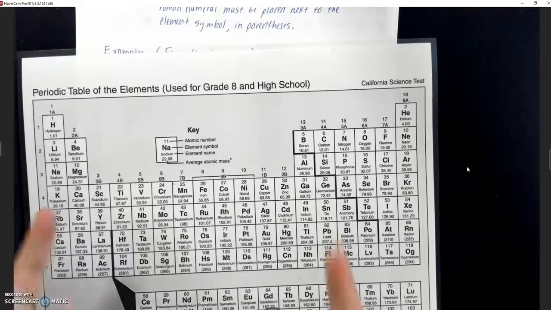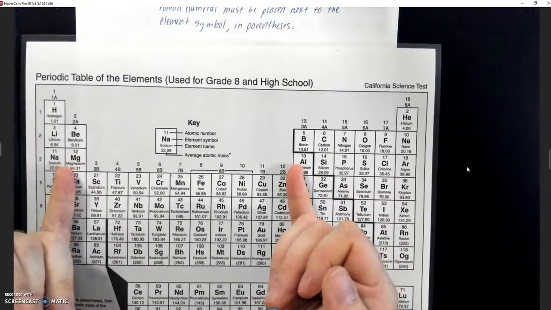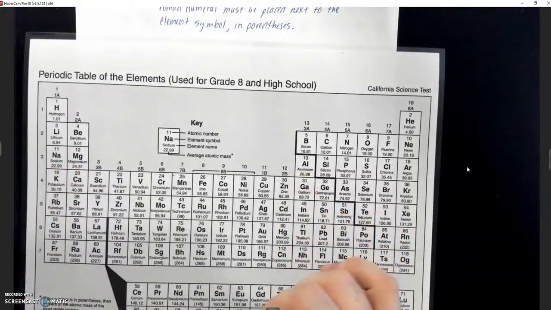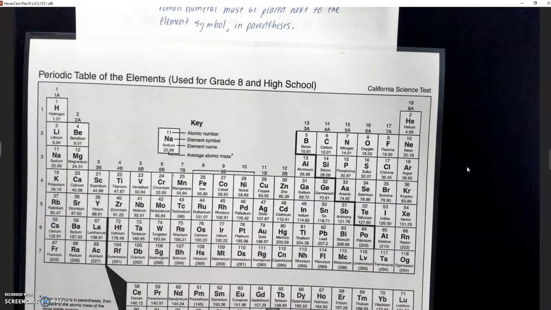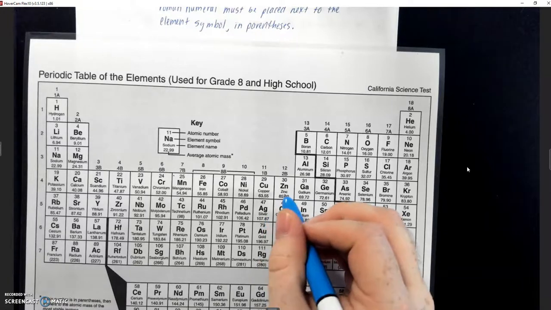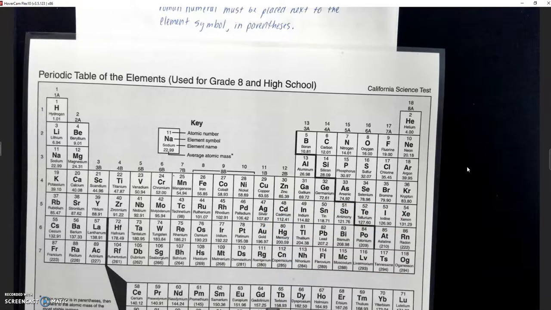So if you're in the transition metal block, you are a citizen of the Roman Empire and you will get a Roman numeral. Except silver and zinc. They are spies in the Roman Empire. They don't get to be treated the same way. They are special. And because they are spies, they don't get Roman numerals.